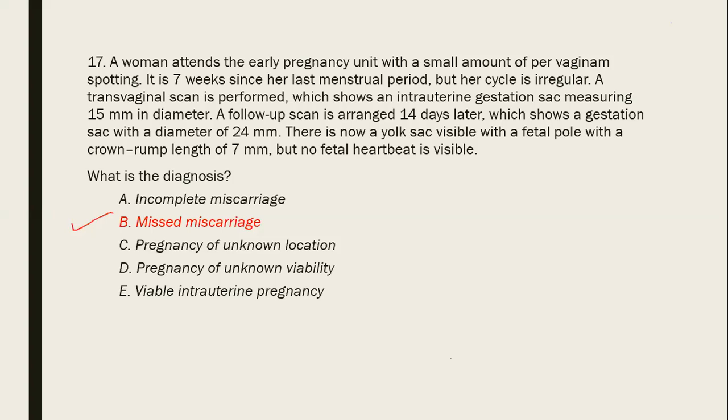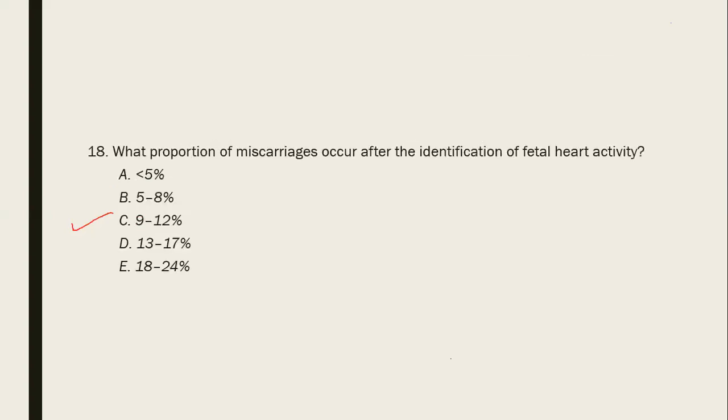This question tests 2 points: that you know the steps. First, you should look at the fetal heart, second, you should look at the fetal pool, and third, you should look at the gestational sac. This is how it is arranged.